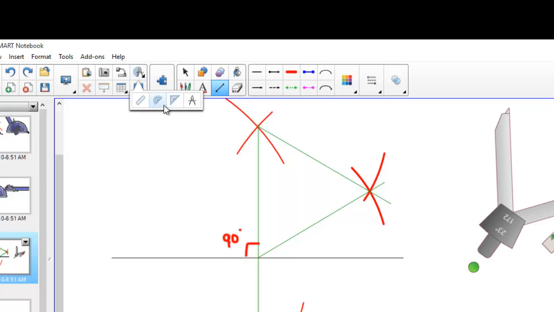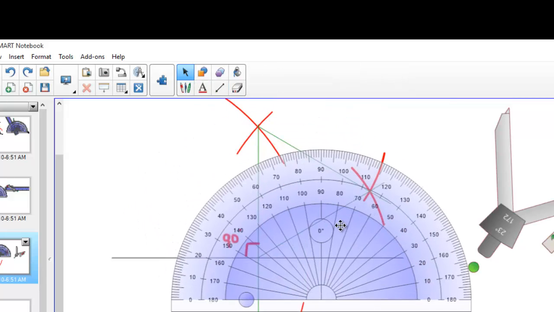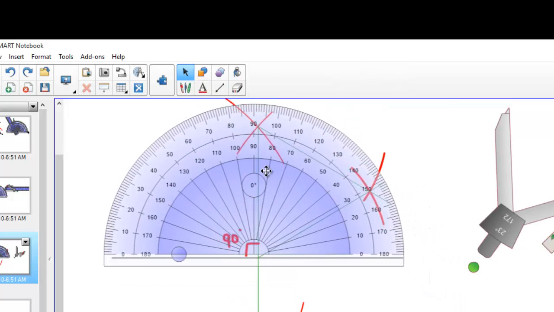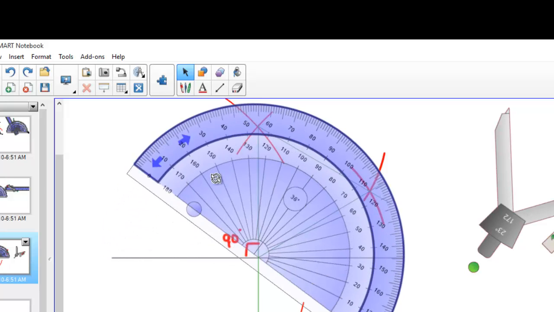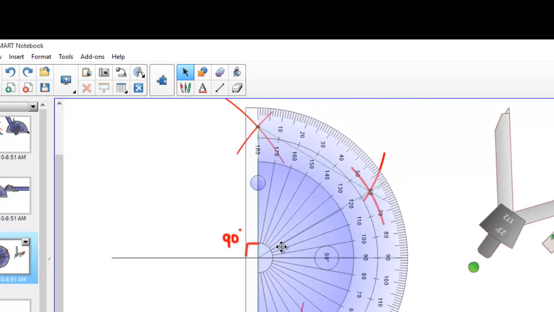I can always check my work using the protractor. It's only to check. So now I'm looking for the point where I can turn my protractor like this, and now I can adjust it.